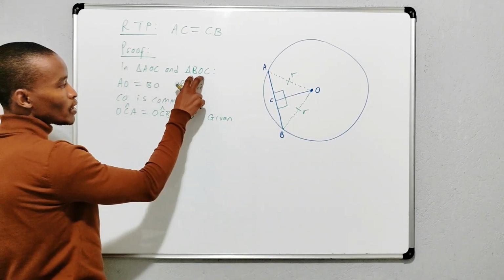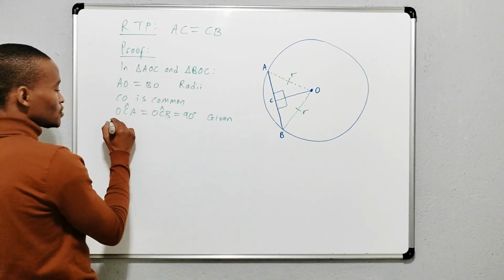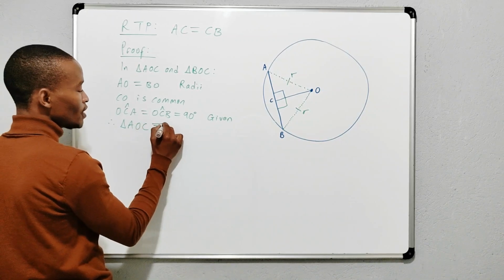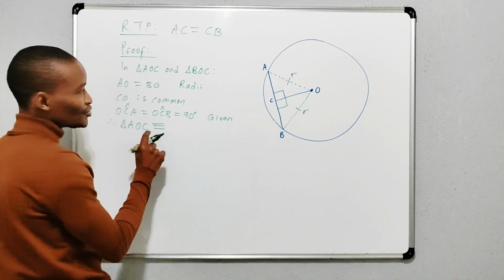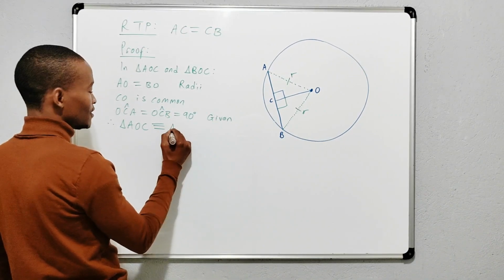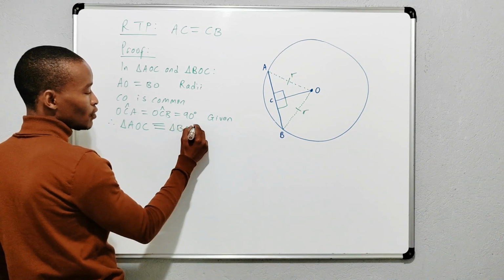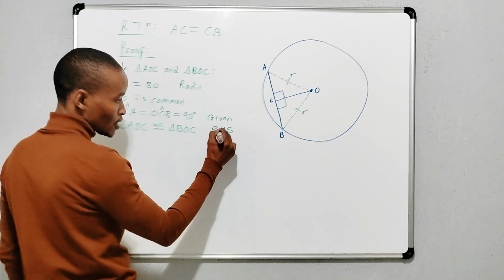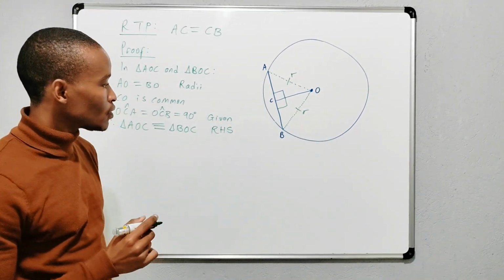So are these two triangles congruent now? Yes, by RHS, right? So therefore, triangle AOC is congruent. Remember, 3 letters there for congruence, not 2, right? And triangle AOC is congruent to triangle BOC by right angle, hypotenuse, and one side has been shown to be equal there.